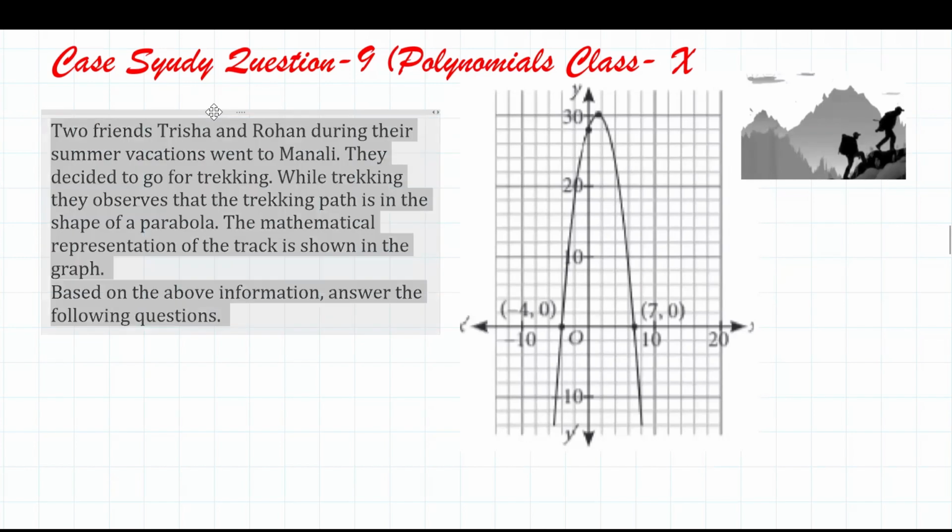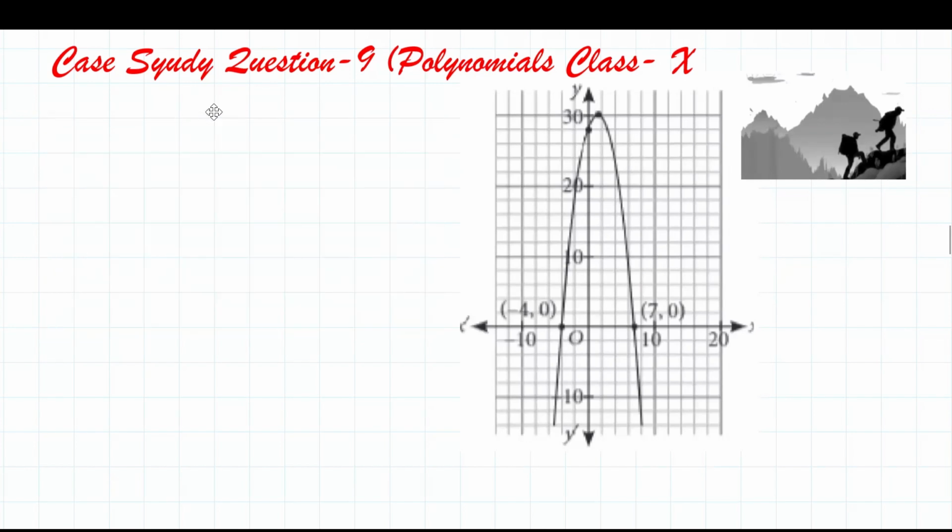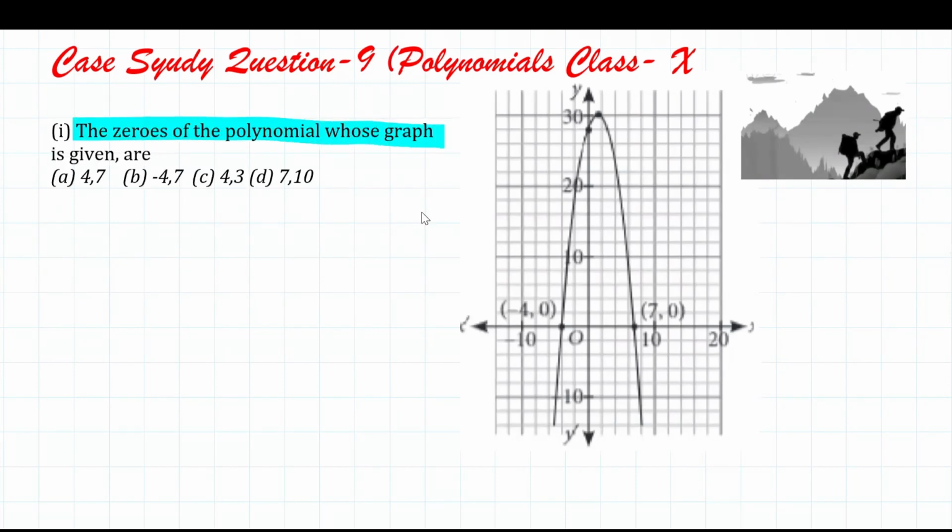So if I write down the first question over here, it says the zeros of the polynomial whose graph is this. By now you must have understood what the zeros are. It is the x coordinate, also known as abscissa, of the point where the graph touches the x-axis.